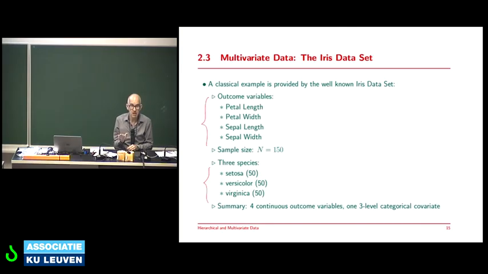Some people will say, yeah, and because it's nominal, I want to replace it by 3 dummies. So, X1, X2, X3. And then somebody smart comes and says, yeah, but if you have 3 dummies, 1 is redundant. Because if you know that a flower is not setosa and not versicolor, so it's 0 on both of those, you know it must be 1 on virginica. So it's redundant, true.